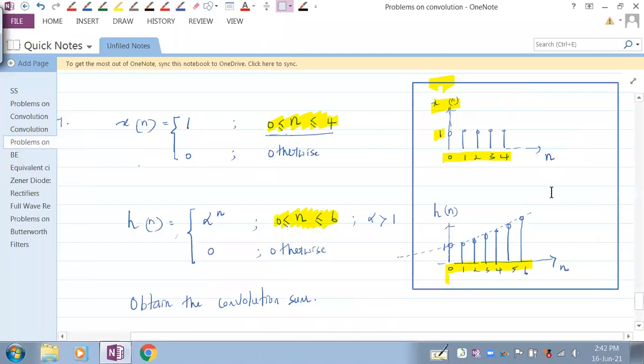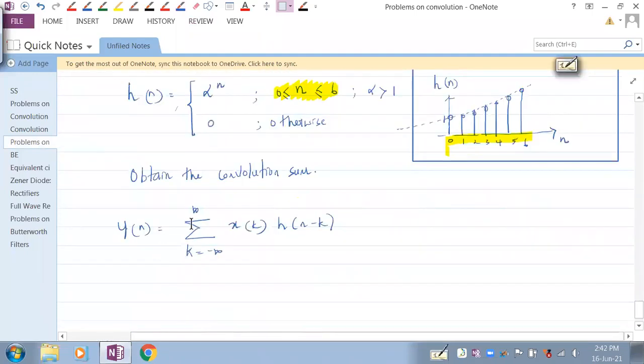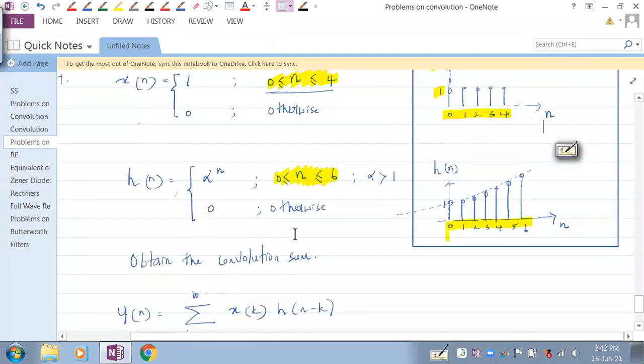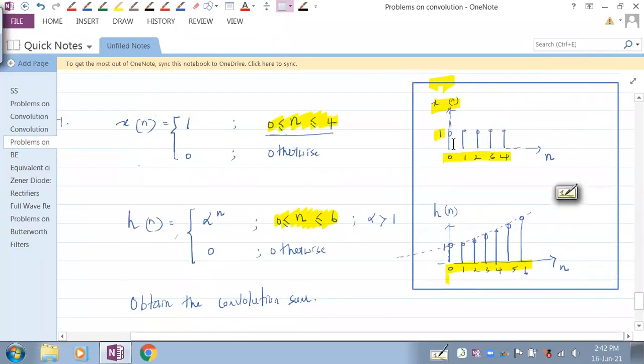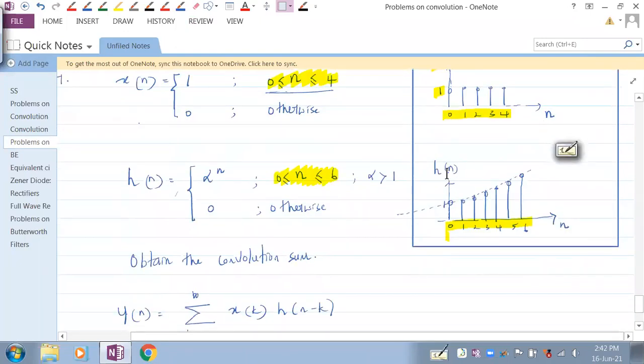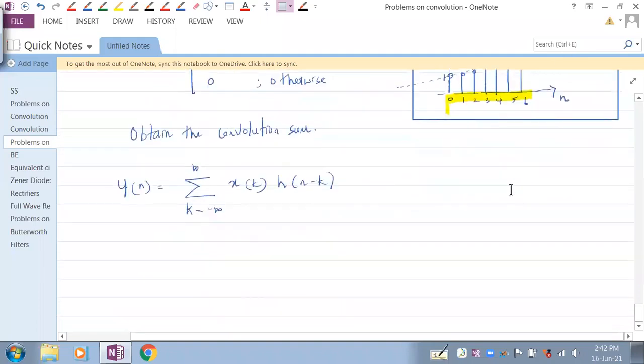Now these signals need to be brought into this particular equation. So if this is x of k and h of n minus k, I'll write x of k, and this will be our stationary signal, and I'll write h of n minus k. How to sketch h of n minus k is challenging when the x-axis is k. So let's do that.